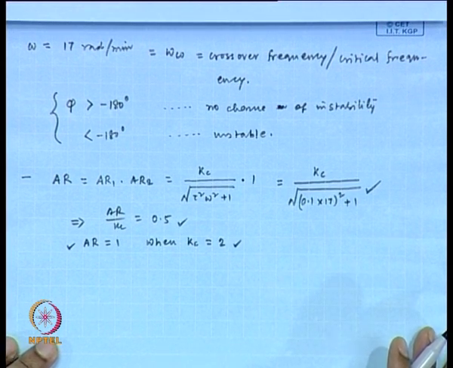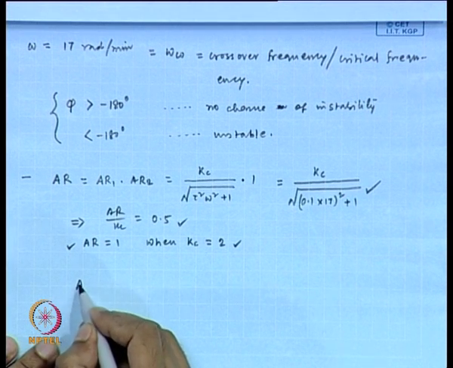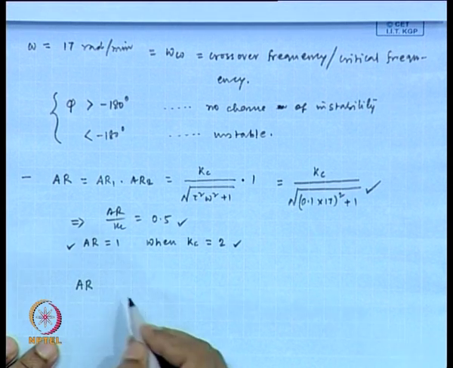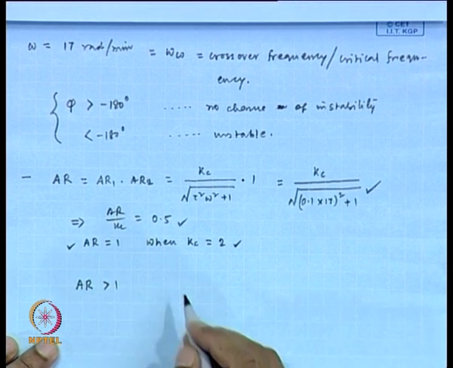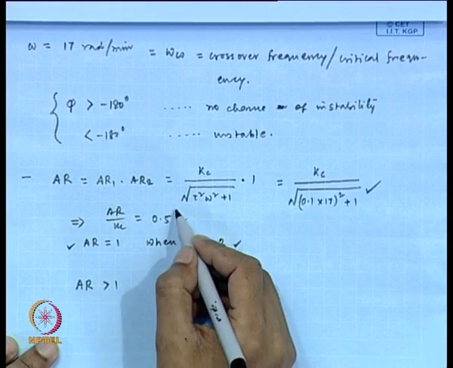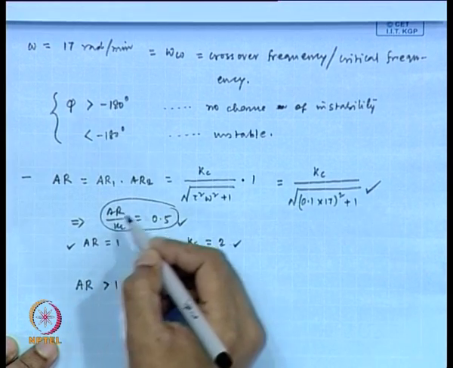In this line, amplitude ratio is greater than 1 when Kc is greater than 2. You can conclude from this expression.